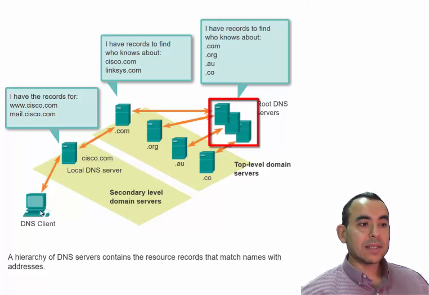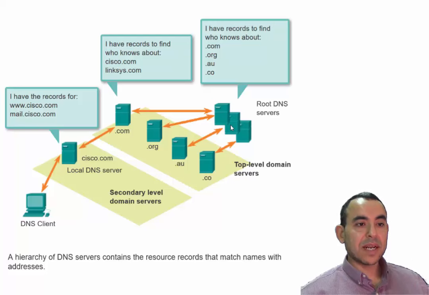So when the DNS server initiates a request, it goes recursively through multiple levels of DNS servers until we hit a server that has the IP address that corresponds to this domain name, and then sends it back to the client.